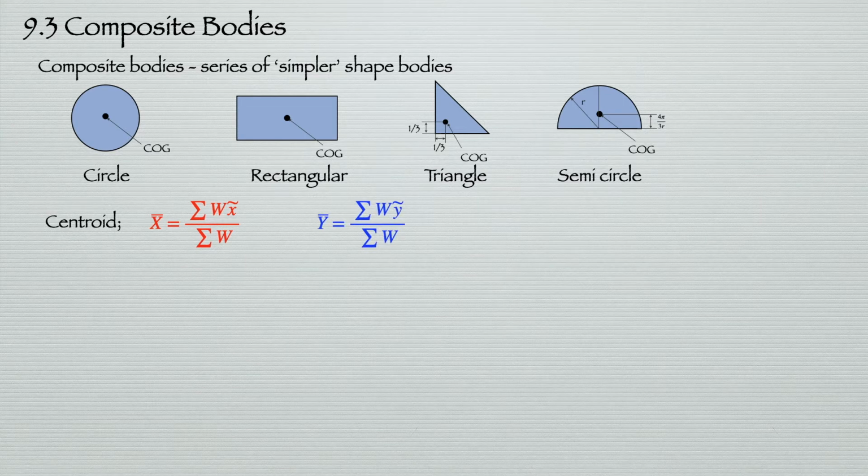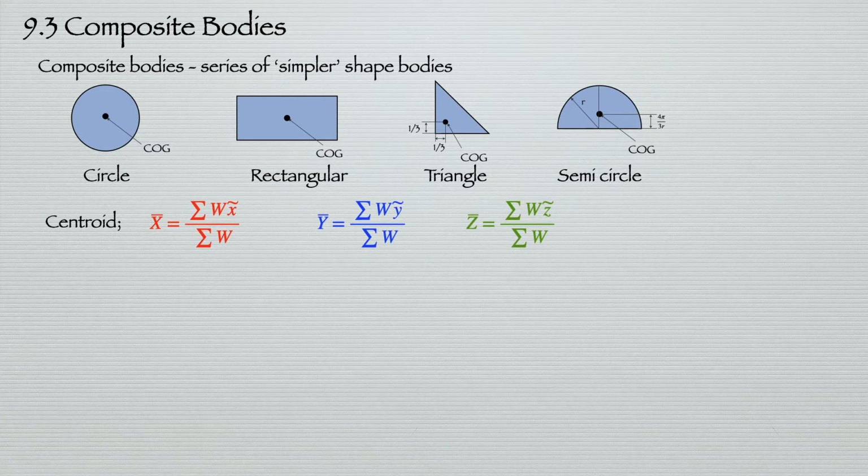Again, to determine the centroid, we can apply the equation of the center of gravity, that is the location of x bar. This means the centroid in the x direction is equal to the summation of W x̃ over the summation of W, where W is the weight of the body, or either the area, the volume, or the line of the body.